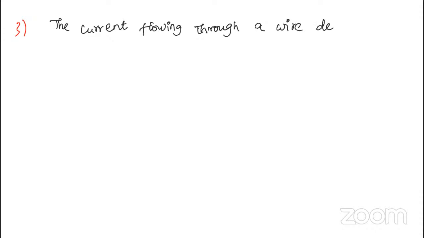The current flowing through a wire depends on time as I is equal to 3t square plus 2t plus 5.